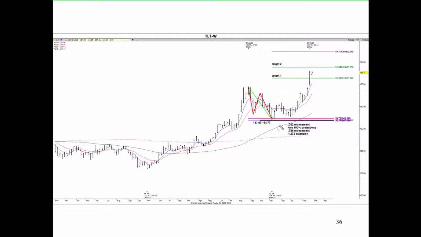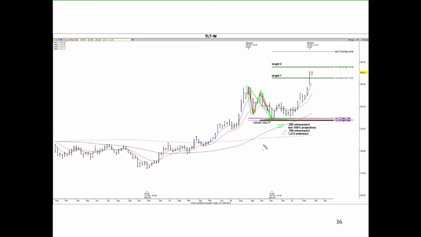We had a combination of a 382 retracement of one swing, 2 100% projections of prior swings. I think one of them was this high to low projected from here. A 786 retracement of another swing and a 1272 extension, probably of this low to this high extended downwards.